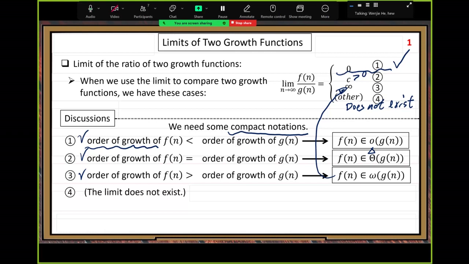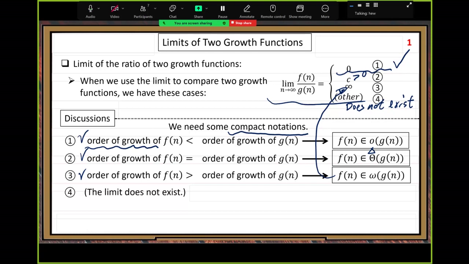But the notation is short. Math notation is short. We do not need to write a lot of words. So we use these very abstract asymptotic notations, and the meaning behind them is clear, but we don't want to say a lot of things.